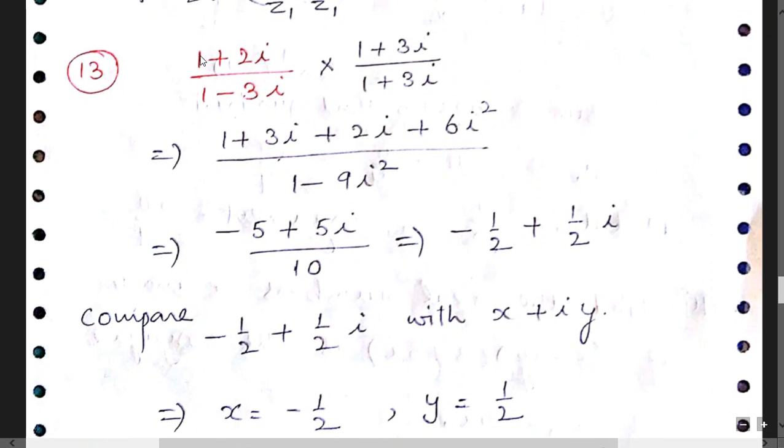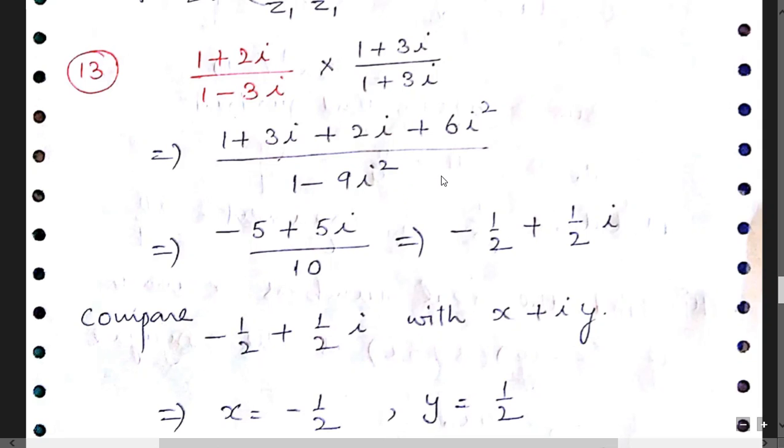Question number 13, the statement is 1 plus 2 iota over 1 minus 3 iota. Simply rationalize the term in first step. Multiply the terms in the numerator. Apply the formula of a minus b and a plus b in the denominator. Hope you understand the contents because I am repeating the contents again and again.